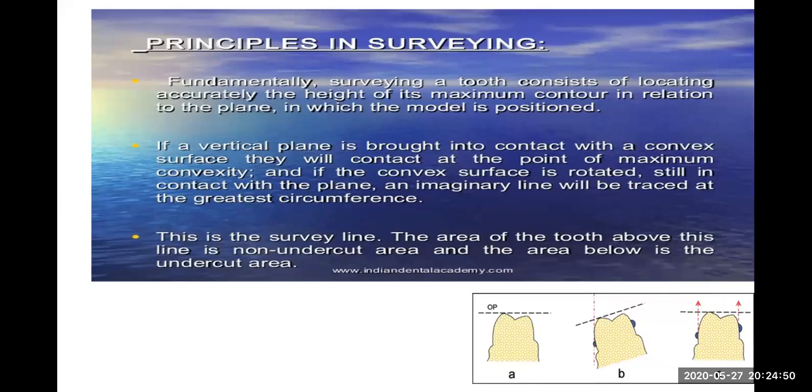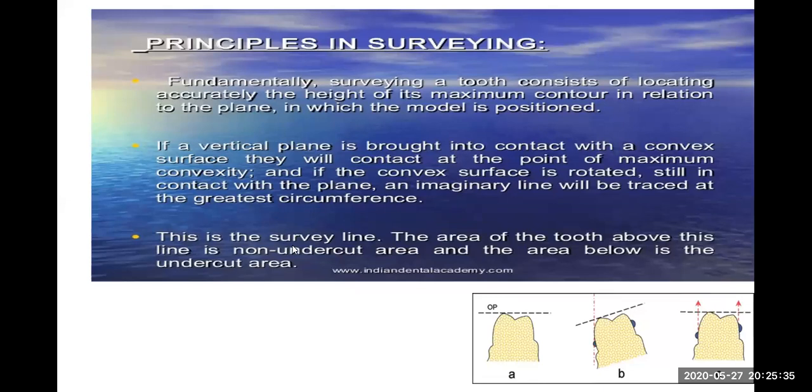Now, the point I'm making is that if you place, let's say, a straight object making contact with the most bulbous aspect of a tooth, in relation to the occlusal plane, then you are going to be able to delineate the undercut areas and the non-undercut areas.